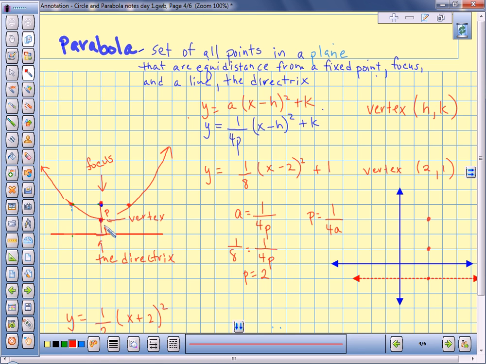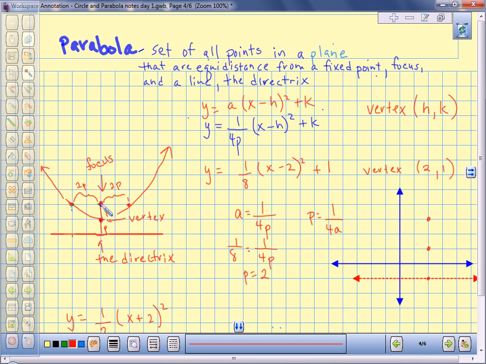So if this is considered P, what is this distance? 2P. So from our focus, do you see we can just double P to get a point on the graph?